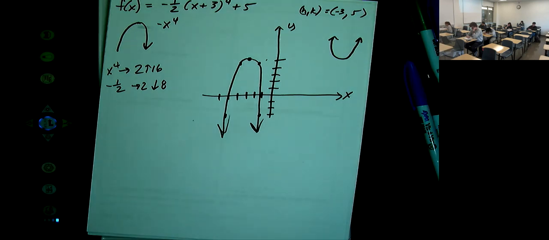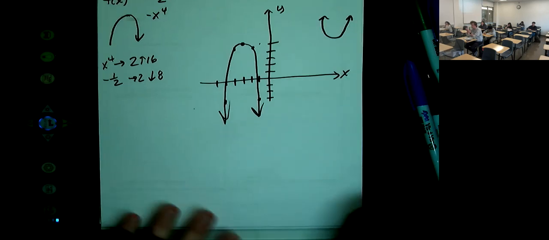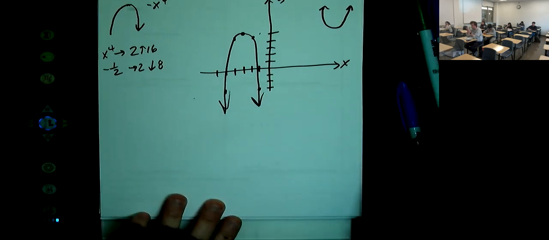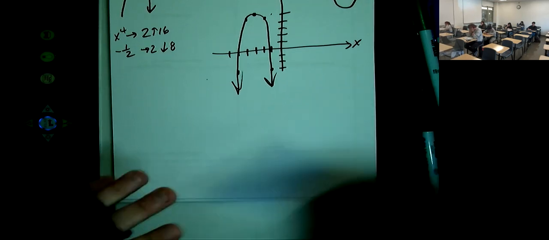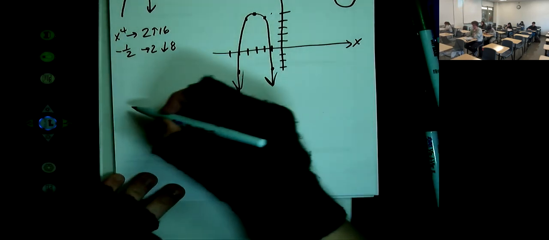But when you're done doing the homework for this section and the next section, and you're comfortable with how it works, when you see something graphed, you'll know information about it just by looking at it.